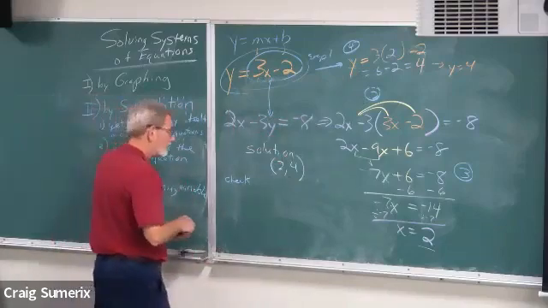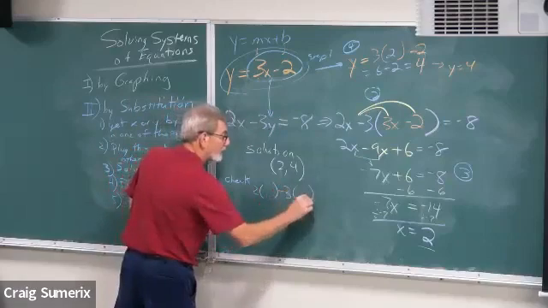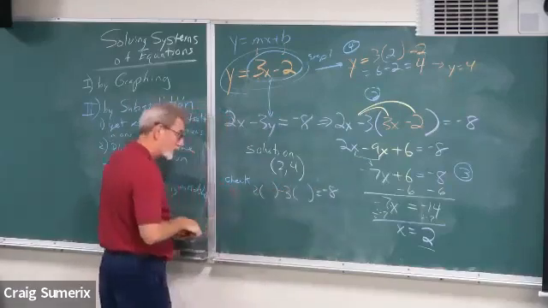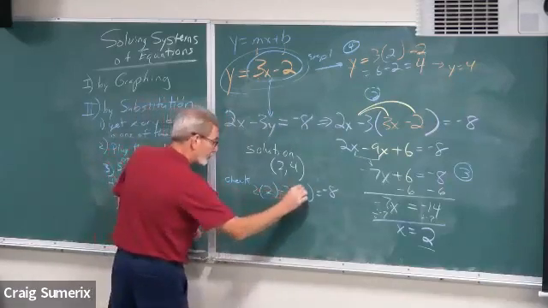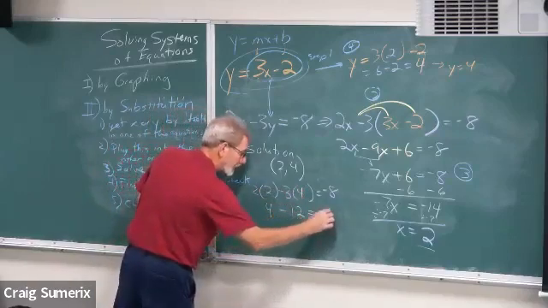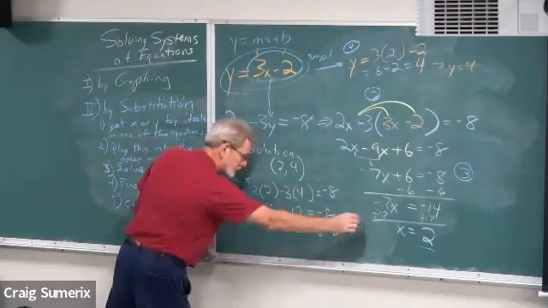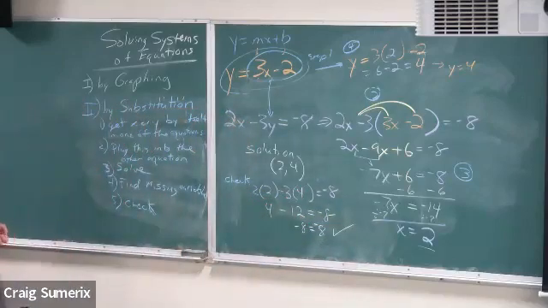So plug it back into the other one to make sure it works on both of them. 2, 4. 4 minus 12 is -8. So we're good there.